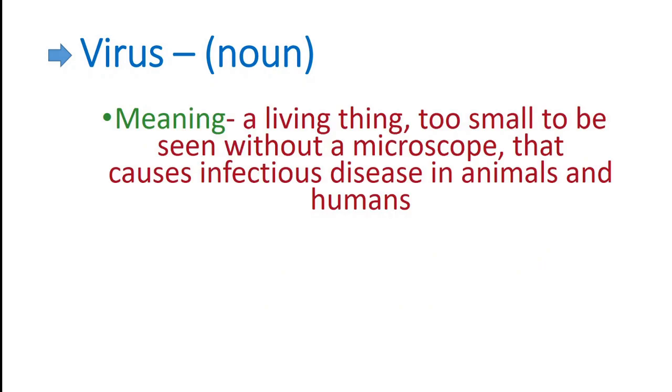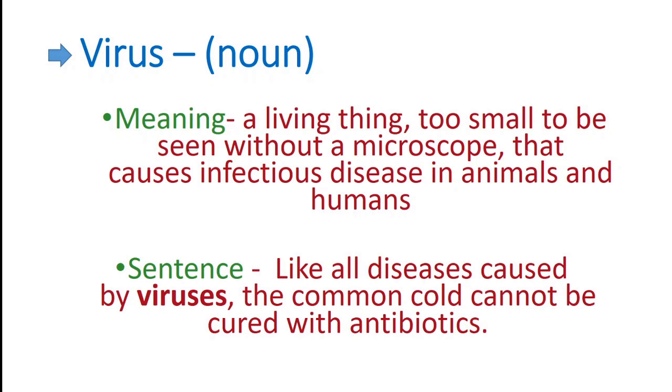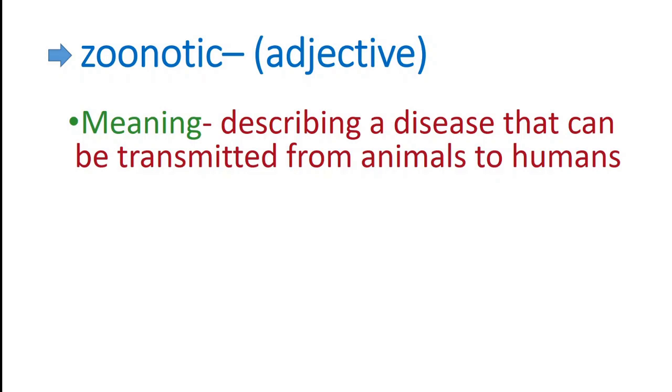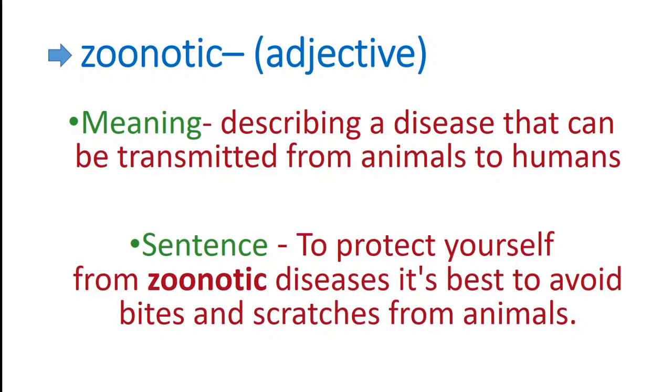Meaning a living thing too small to be seen without a microscope that causes infectious diseases in animals and humans. Sentence: like all diseases caused by viruses, the common cold cannot be cured with antibiotics. Zoonotic. Adjective. Meaning describing a disease that can be transmitted from animals to humans. Sentence: to protect yourself from zoonotic diseases, it's best to avoid bites and scratches from animals.